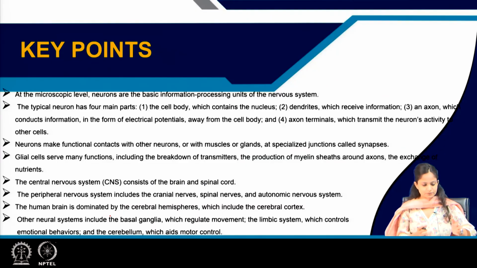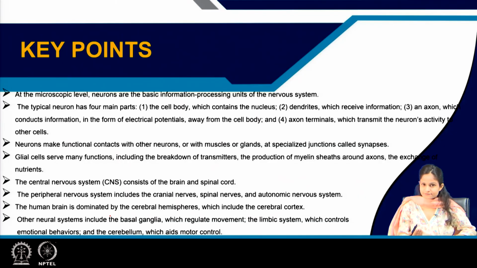So with this, I would like to discuss a few key points. You should remember the neurons are the basic processing units of the nervous system. The various parts of neurons, with the cell body, soma, dendrites, axon, and the terminal buttons are important. And the glial cells form the supportive cells of the brain. There are 3 types of glial cells.